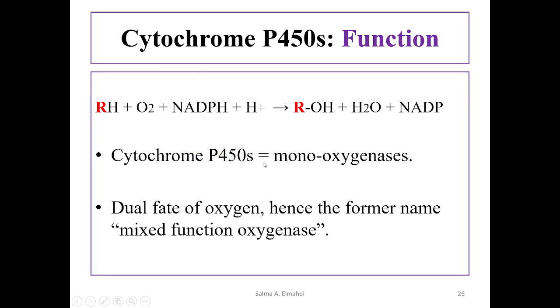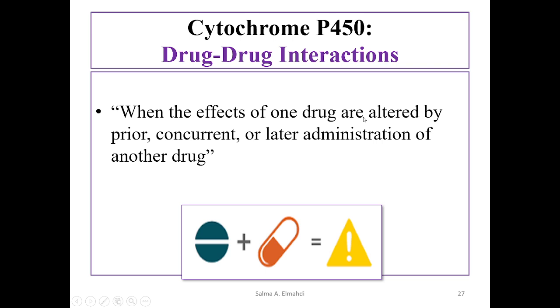It acts as a mixed function oxygenase or a monooxygenase that incorporates a single molecule of oxygen into the substrate. So R here represents our substrate, and addition of molecular oxygen will lead to formation of a hydroxyl group. So this is a hydroxylation reaction. NADPH is used. The other atom of molecular oxygen will be reduced to water.